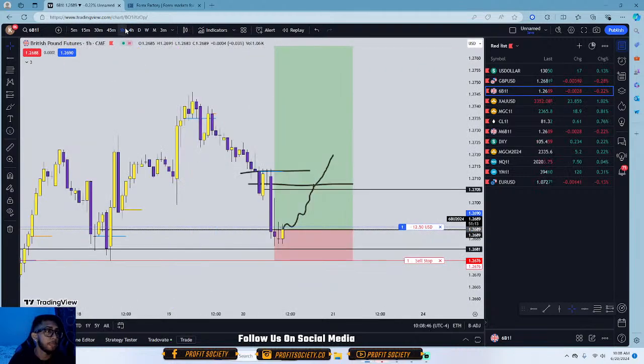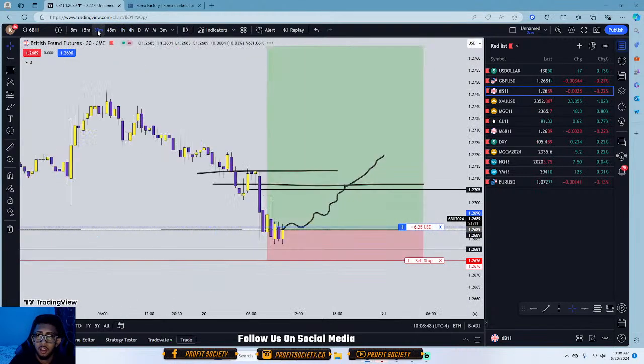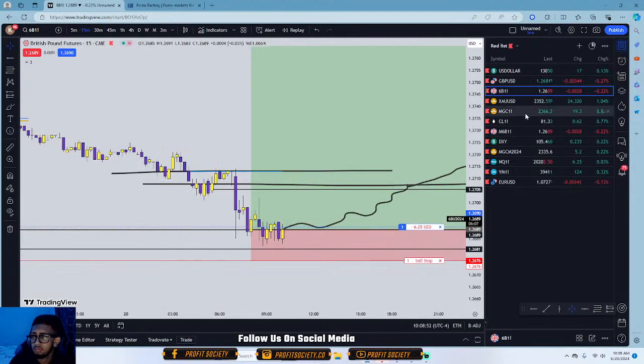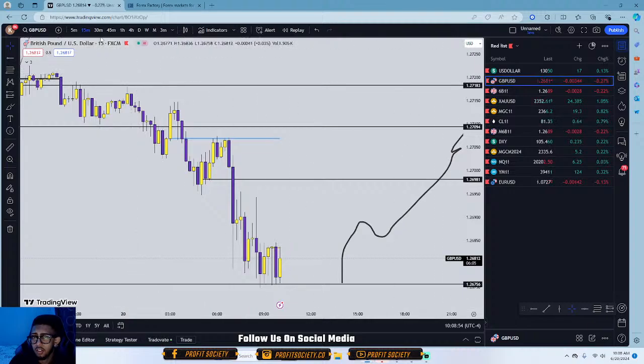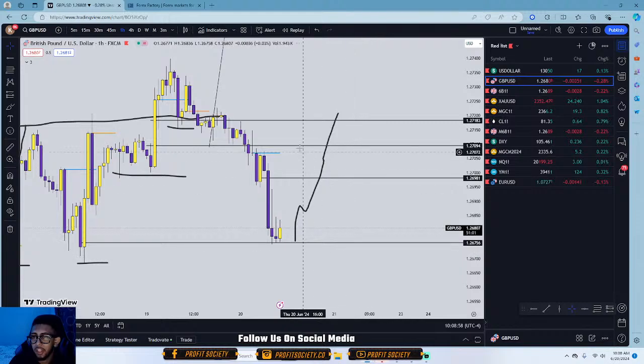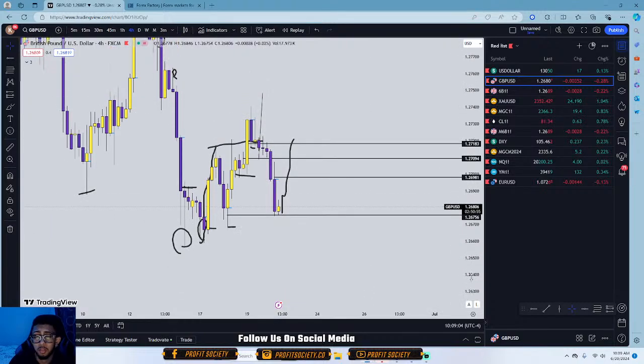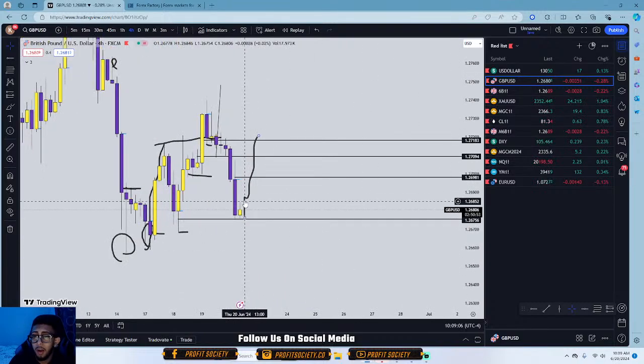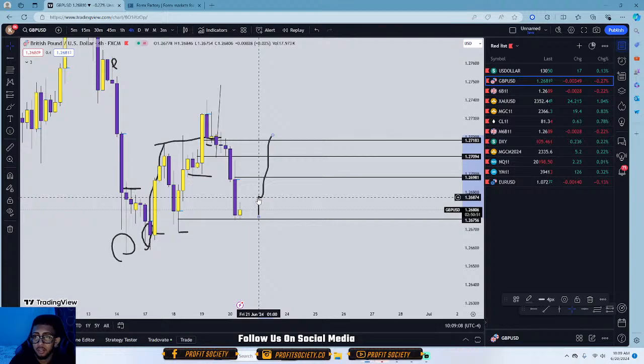For the most part, it is slightly in drawdown. That's okay. We do know that if the 1 hour candle does actually close a little more bullish, that will give us a little bit more confidence in the setup as well. There's 2 hours left on the 4 hour candle.